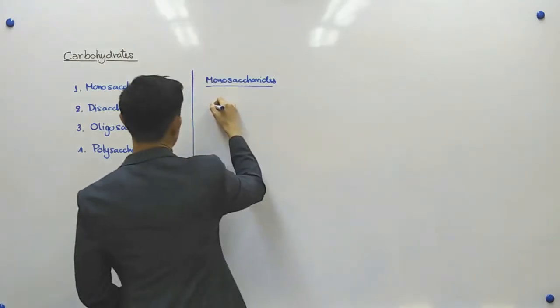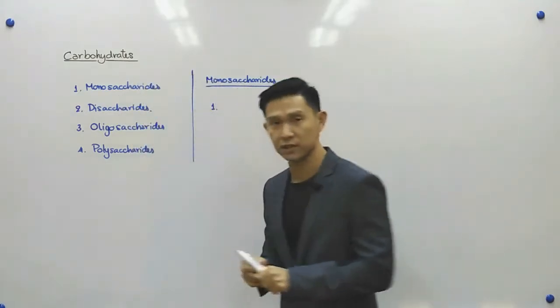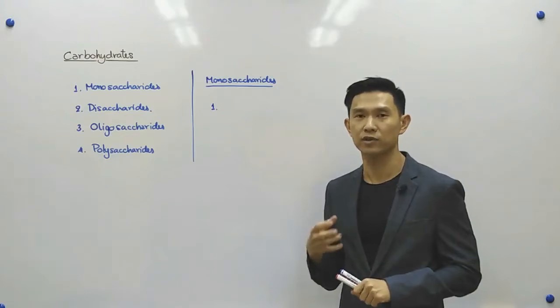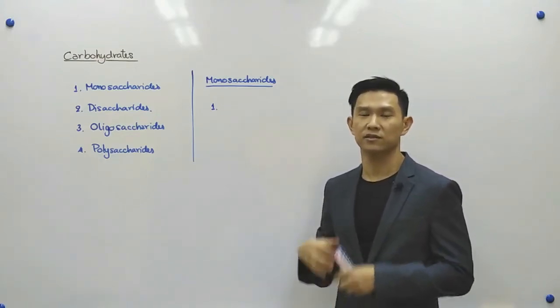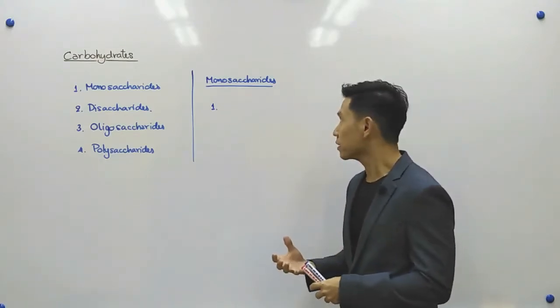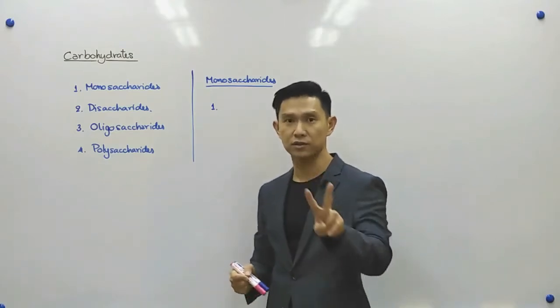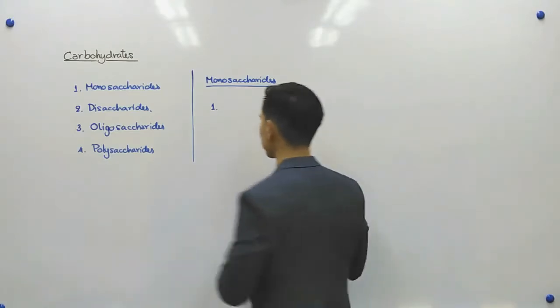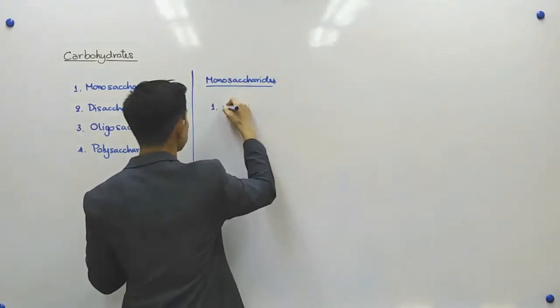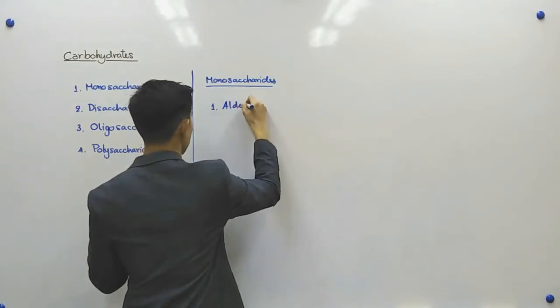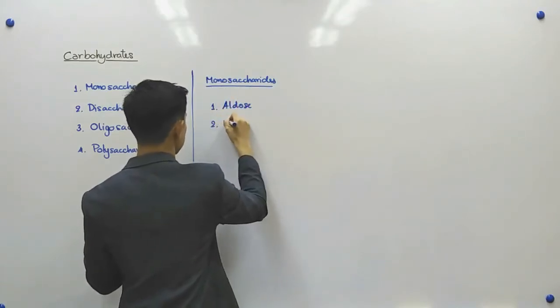First of all, because we are chemists, what we have to look at is the structure, the functional groups and everything. So monosaccharide can be divided into 2 major types. The first one is called aldose, and the second one is called ketose.